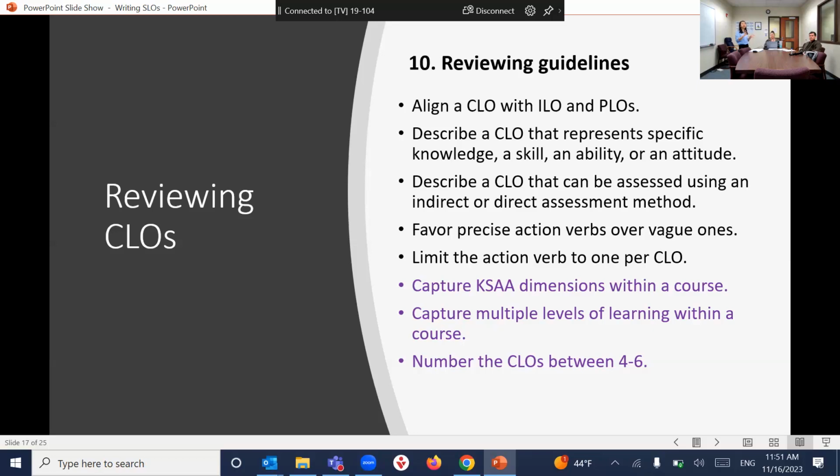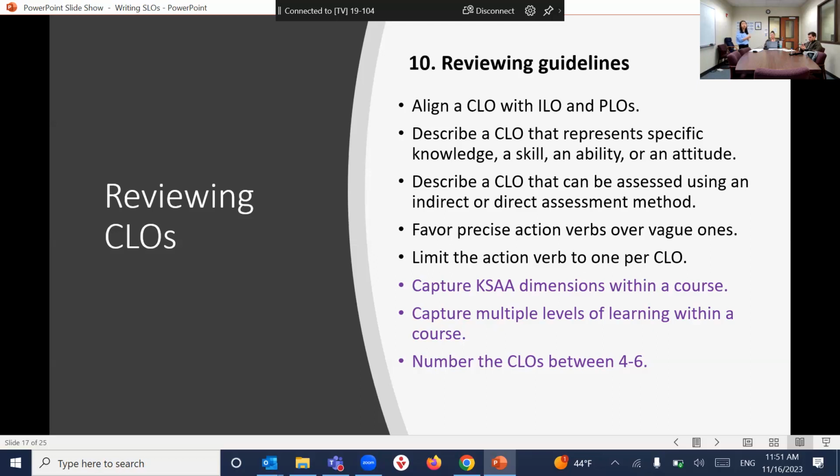But generally, we hope faculty can include different levels of learning within a course, based upon your teaching objectives and teaching content.